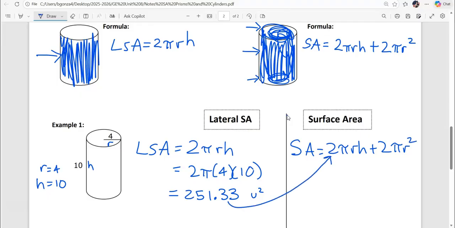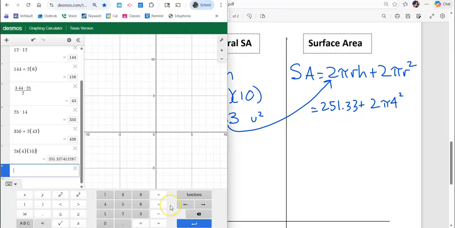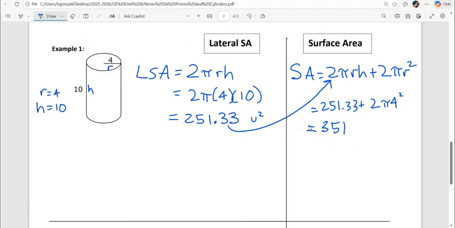This goes here, right? 2 pi rh. 251.33 plus 2 pi 4 squared. There. Okay, 351.86. Units squared.